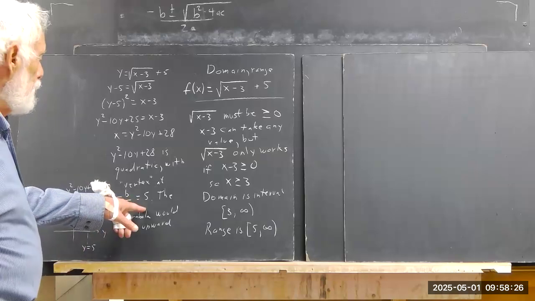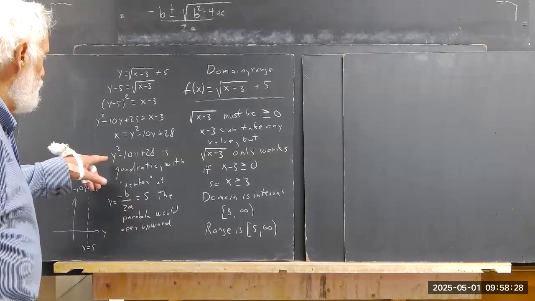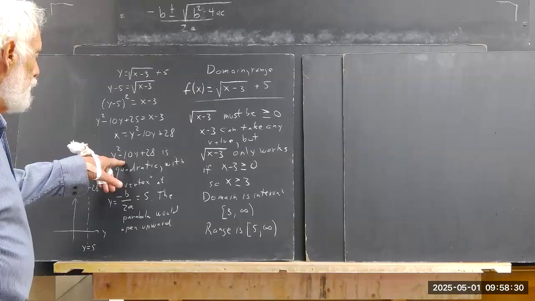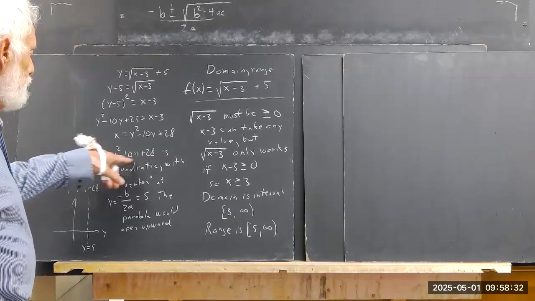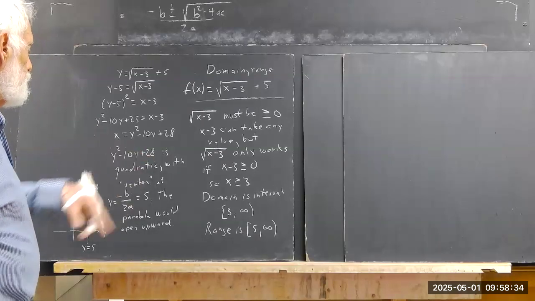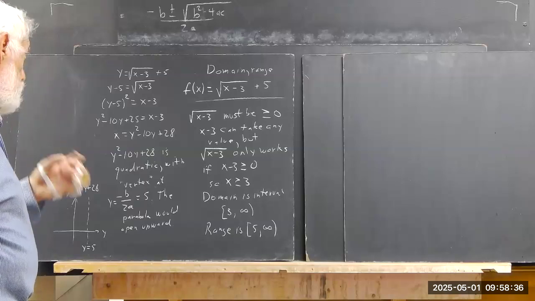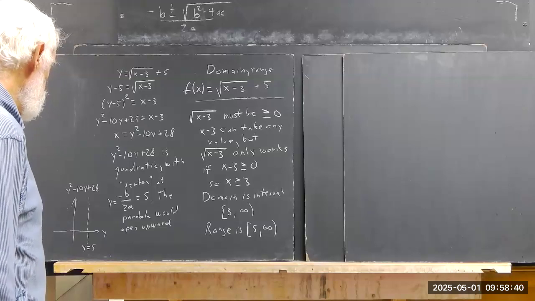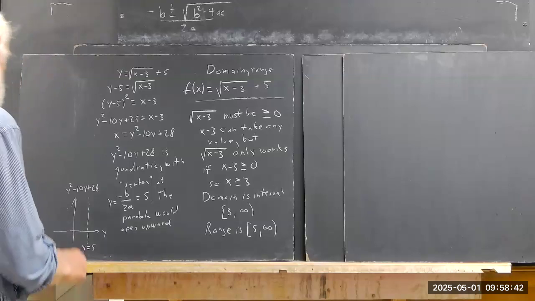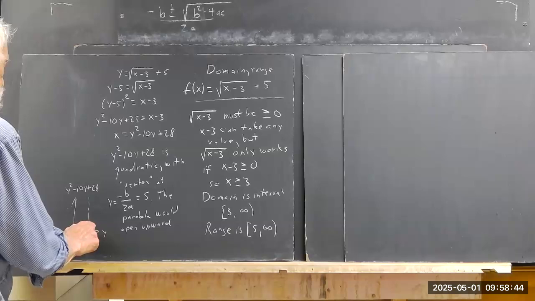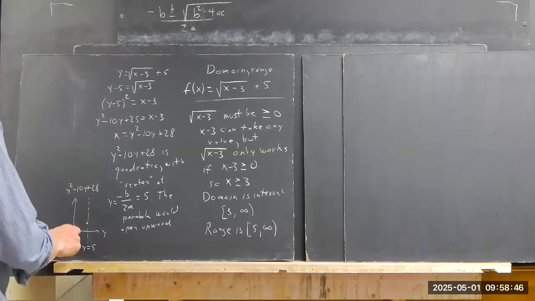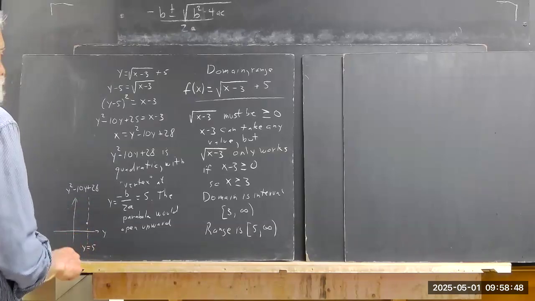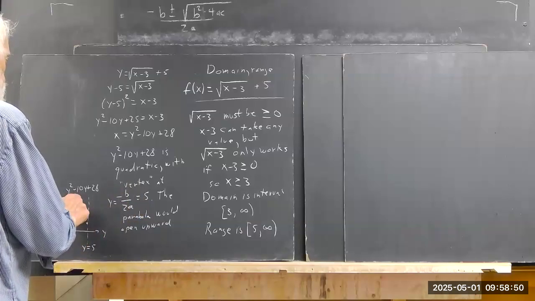If we plug 5 in here, we get 25 minus 50 plus 28, and 25 and 28 is 53, so we get 3. This means that the vertex of this parabola would occur at this point, and the y-intercept would be at 28.